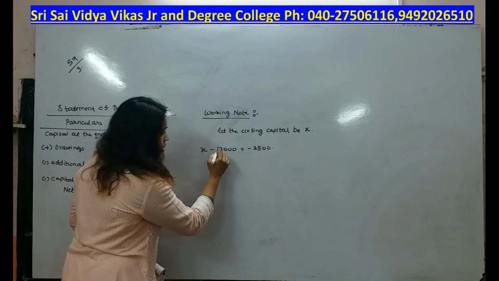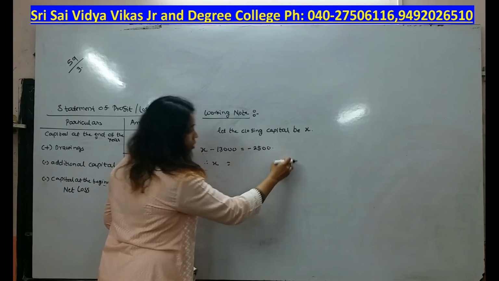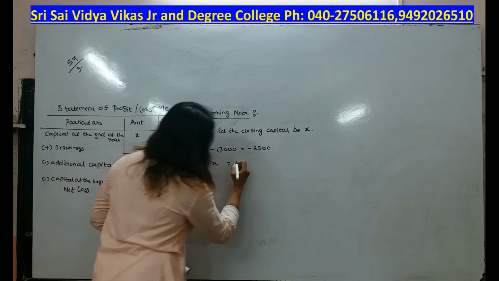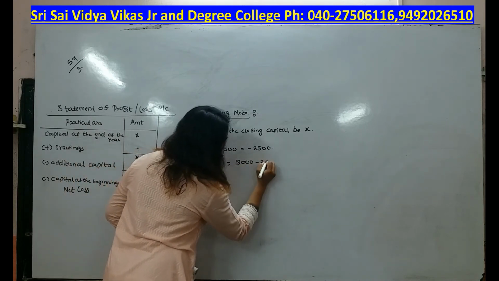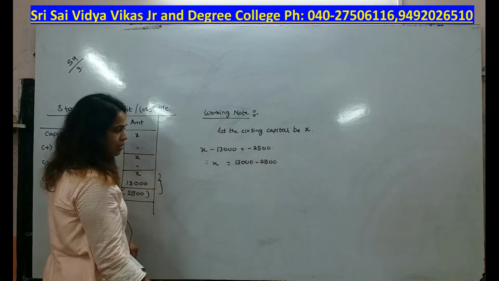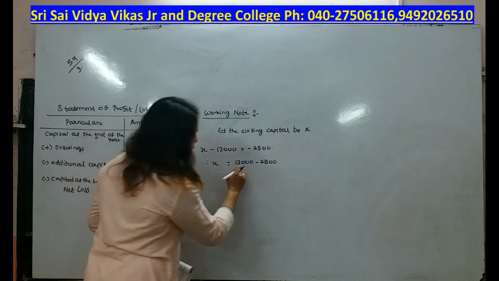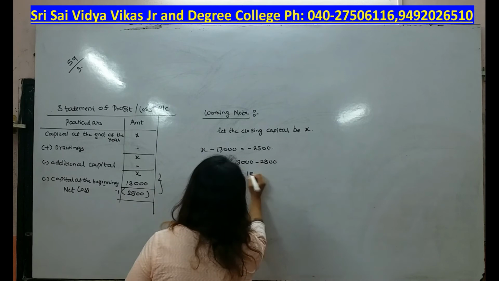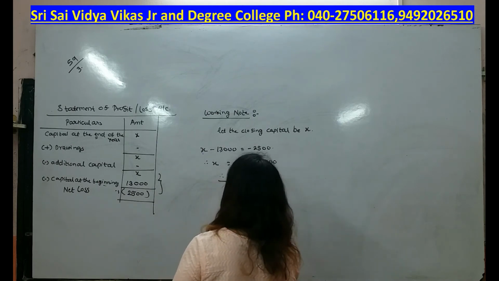If minus 13,000 travels after the equal to sign, minus will become plus. So here I will write 13,000. This minus 2,500 will be as it is. Thus, x is equal to 13,000 minus 2,500. Answer is 10,500.